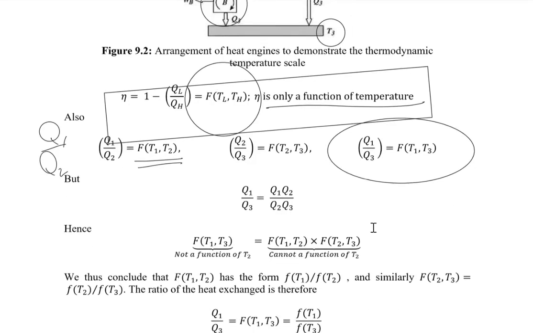Let's consider the last one, the heat engine working between temperature reservoirs T1 and T3. That means Q1 divided by Q3.